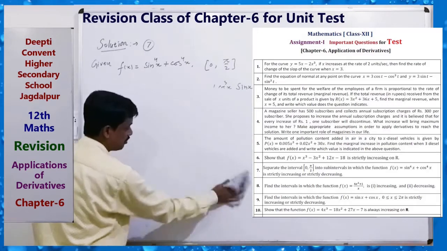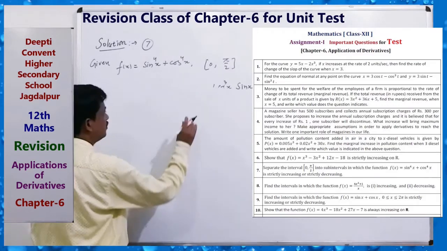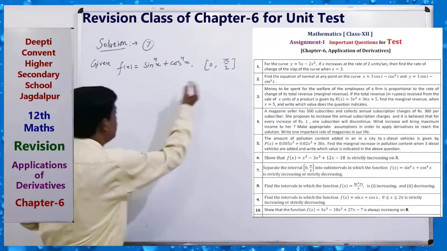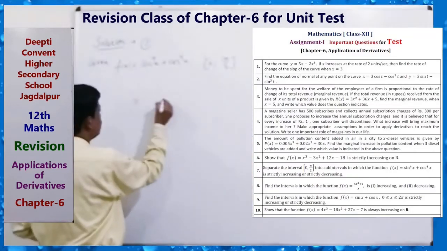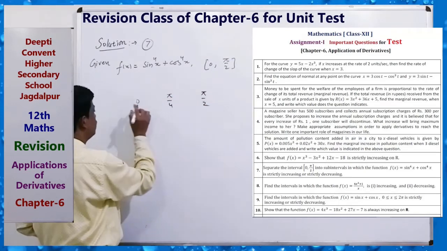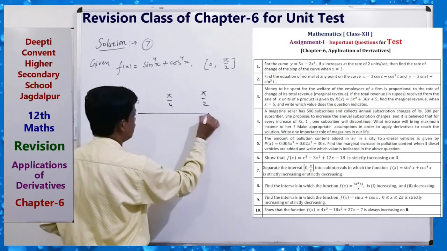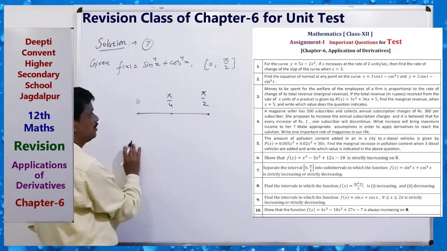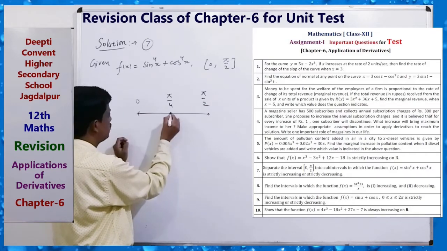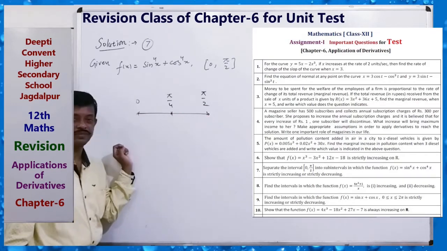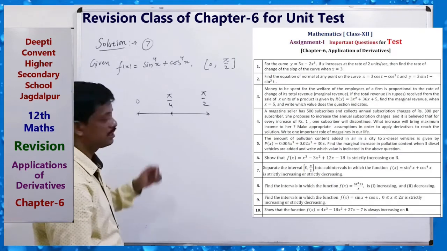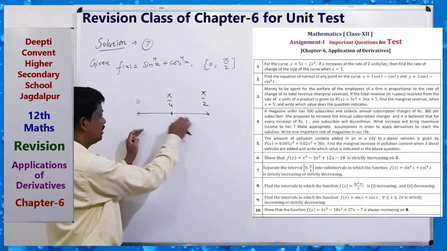Okay, x equals pi by 4 is our point. So we can see here the interval 0, pi by 4, pi by 2. This is pi by 4, this is 0, this is pi by 2. This is a subinterval, this is a subinterval. Now we can test in which interval the function is increasing or decreasing. Two parts are there.